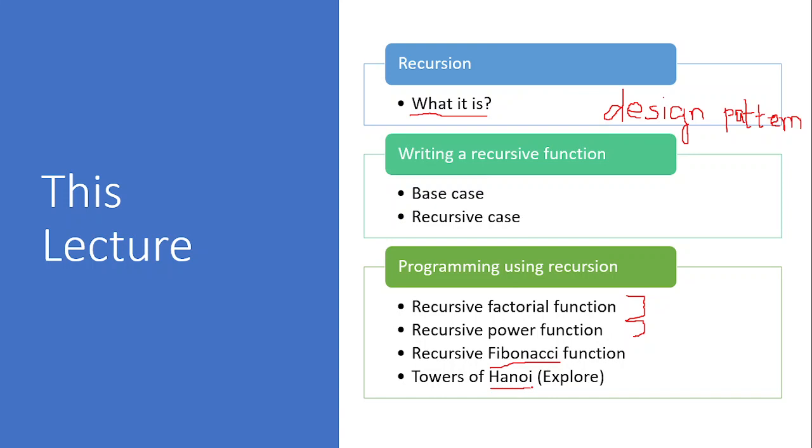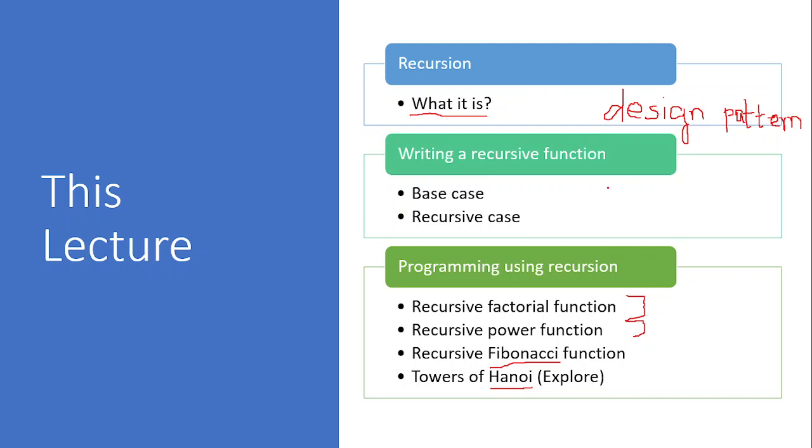We'll talk about this problem as well. Now, all these are different problems, but all of them can be solved using recursion. This one design pattern fits all these different problems. And these aren't the only problems that can be solved using recursion. There are hundreds of other problems that can be solved using recursion.